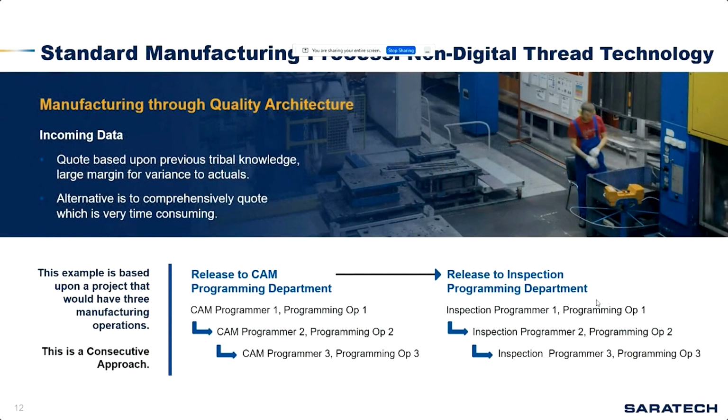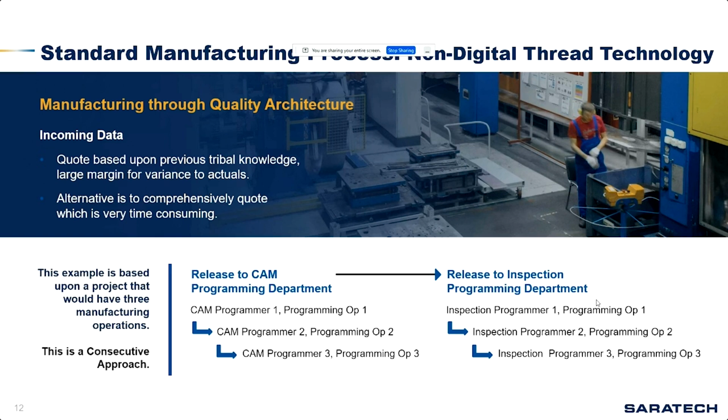This slide right here is going to show you the typical process that most manufacturers use. We have this initial phase where, upon quote, the best we're able to do is search and scour our past databases for like projects, things where you can pull information like cut times and tooling. And you put it together in your best effort, but it always leaves a very large variance to actuals.